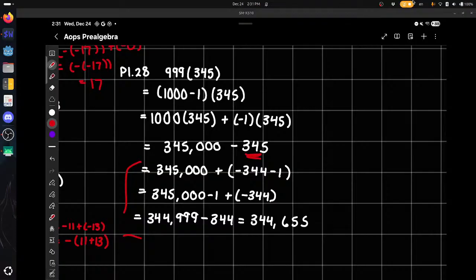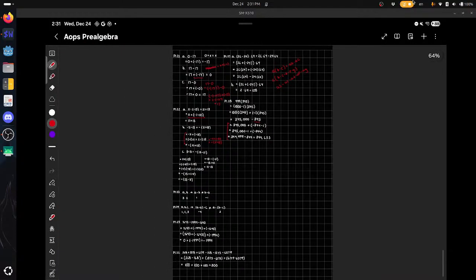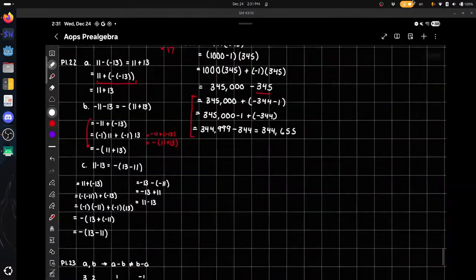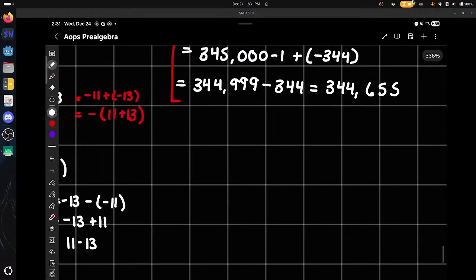So the book just does it in their head. I had to break this number apart, subtract the 1 first, and then we get 999, and then make it easier to subtract. So we still got the same answer. And that concludes all the problems. So now we can finally move on to the exercises.